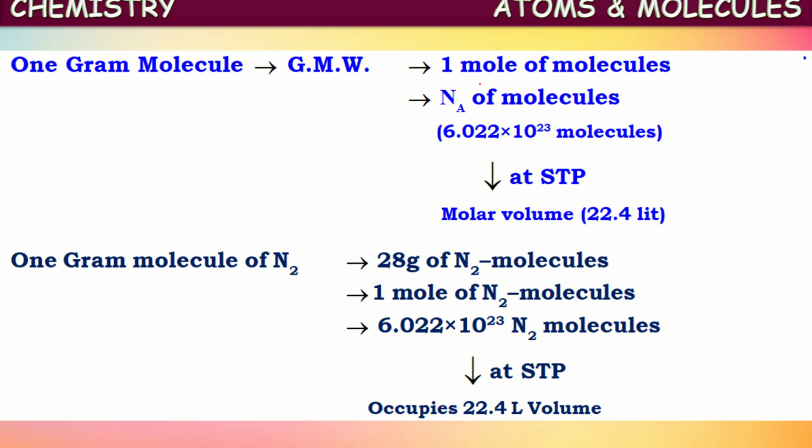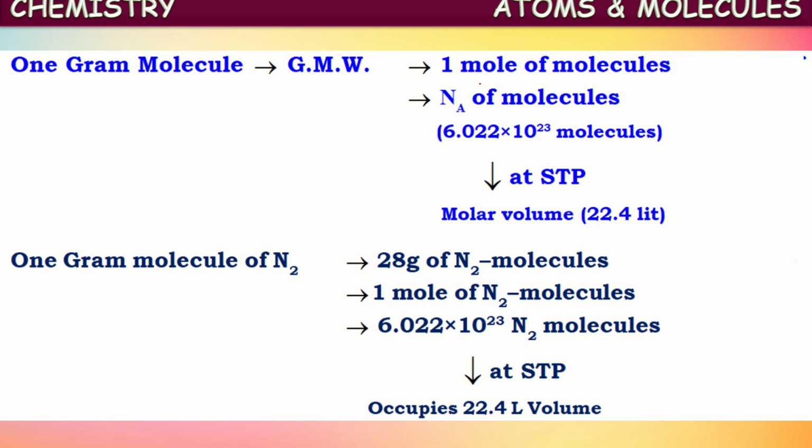This 1 mole of molecules occupies 22.4 liters of volume at standard temperature and pressure conditions. That is called the molar volume of a gas or substance. So this is for 1 gram molecule.